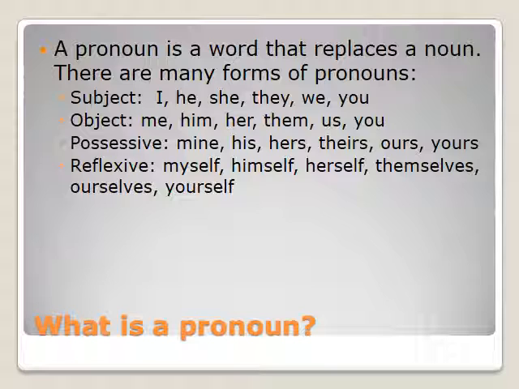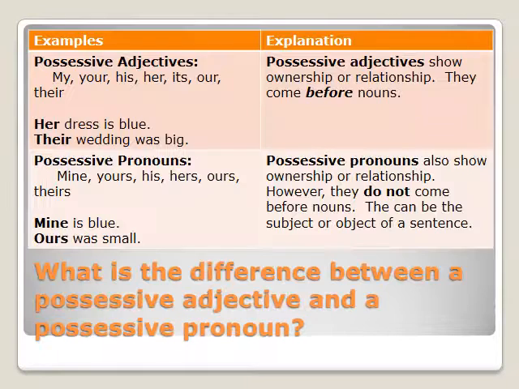So if I'm talking about I, it's replacing Justin. If you talk about he, it's replacing some man, she, some woman, they, some people, we, Justin and some people, and you, meaning either singularly or plural. But we have all of these different forms.